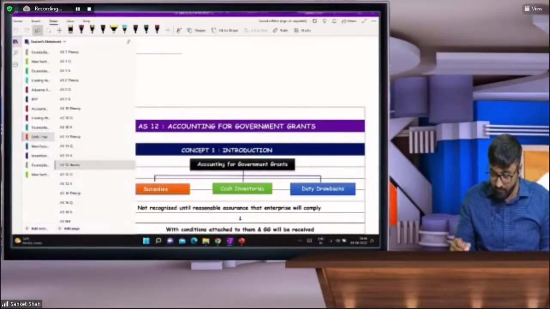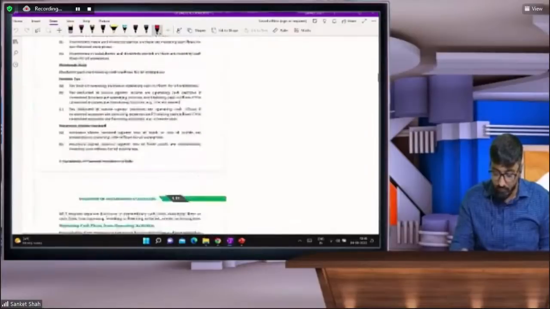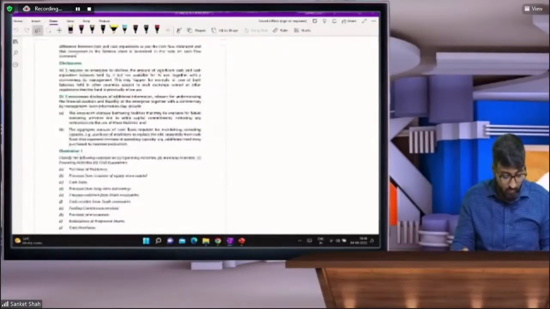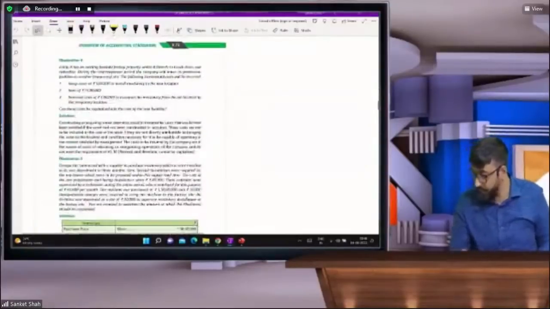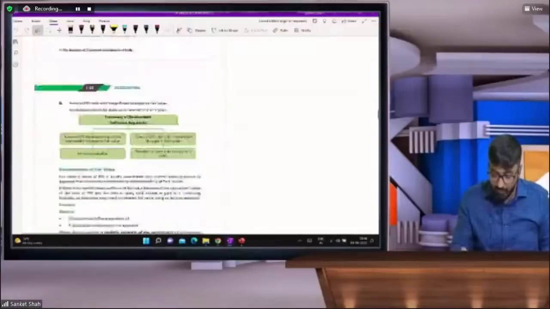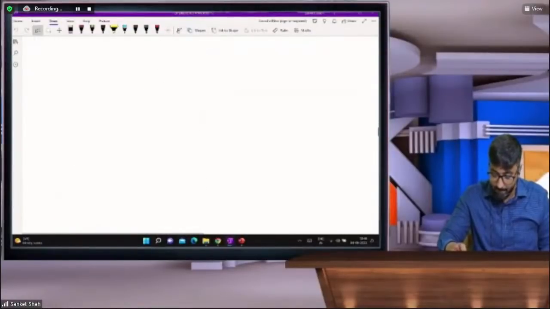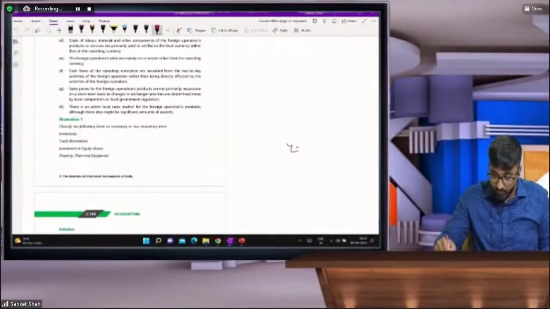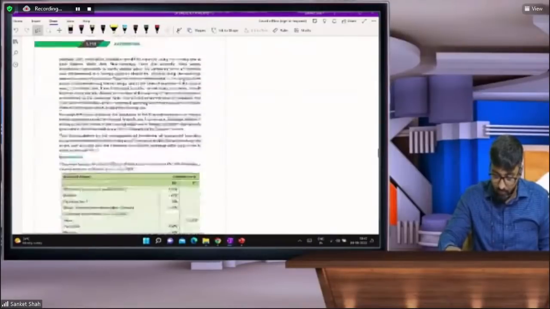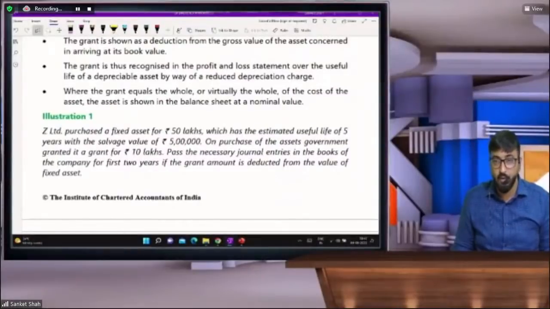I'm giving you one question. Quickly take an example of a government grant. Let's see how many of you can solve this question. Page number 11. Yes, read it carefully. Try to understand that you have deducted the grant.